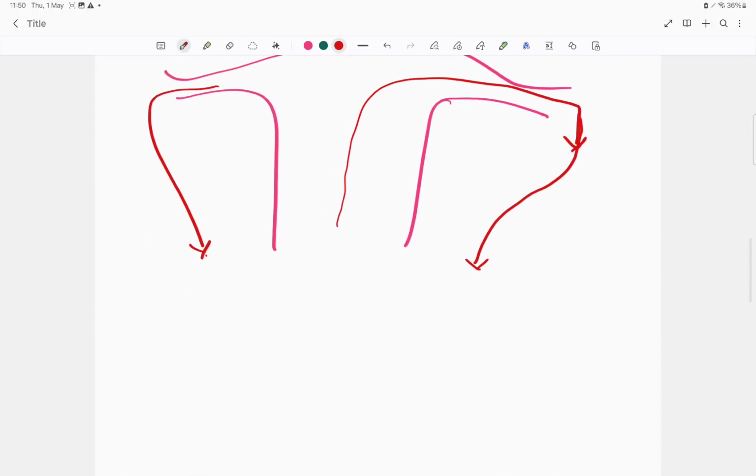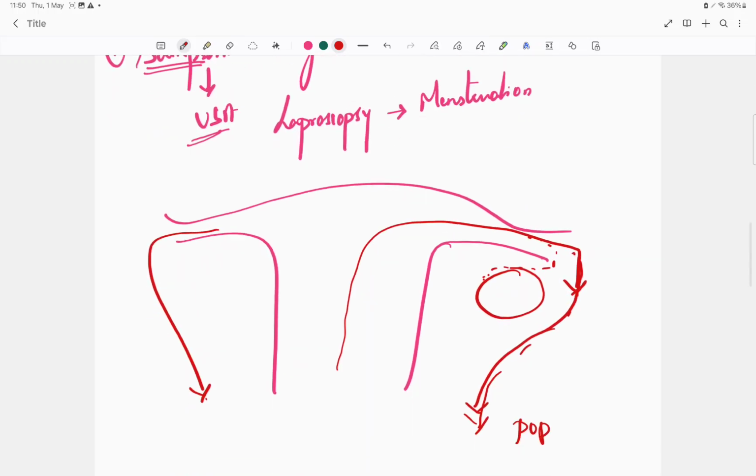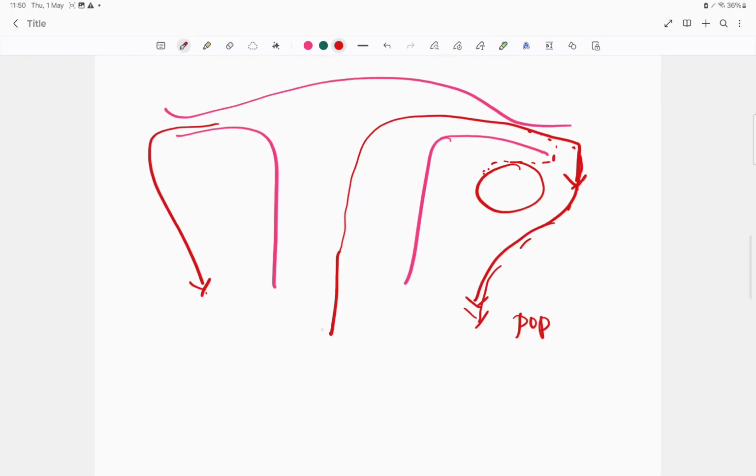The blood comes, and there is an ovary here, so a little amount of blood will come and attach to this ovary also, and it will accumulate in the dependent part, that is the pouch of Douglas. When it is coming, the posterior part of the uterus will also get a few deposits of this endometriotic tissue. So what he is telling is that the blood, instead of coming down, is going back.